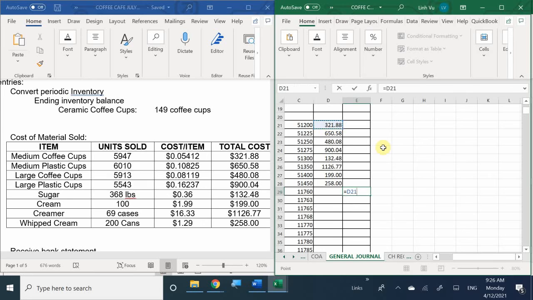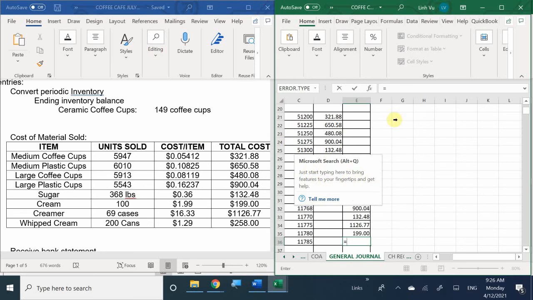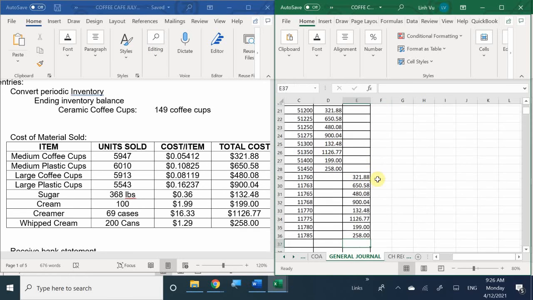So that means I need to take away that much from my coffee mugs. I'm sorry, from my medium coffee cups. I need to take this much from my plastic cups, this one from my large cups, this one from my plastic cups, this much from my sugar, this one from my creamer, this one from my heavy cream, and this one for my whipped cream.